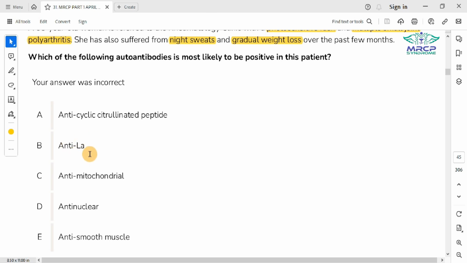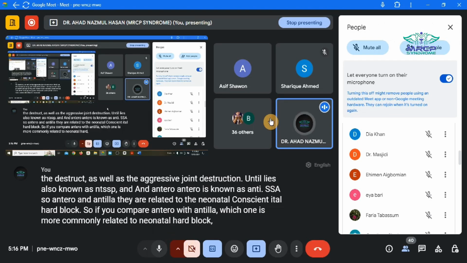Anti-La is also known as anti-SSB, and anti-Ro is known as anti-SSA. Anti-Ro and anti-La are related to neonatal congenital heart block. If you compare anti-Ro with anti-La, which one is more commonly related to neonatal heart block? Anti-Ro.